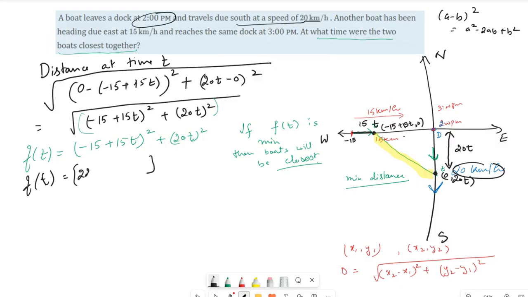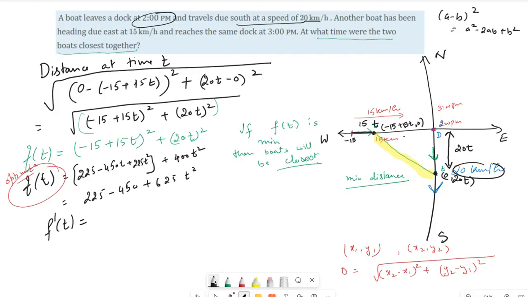So this should be 225 minus 2 times 15 times 15, which is 450t, plus 225t square, plus this 400t square. So we have 225 minus 450t plus 625t square. We want to minimize our function. Our goal is to optimize this function.